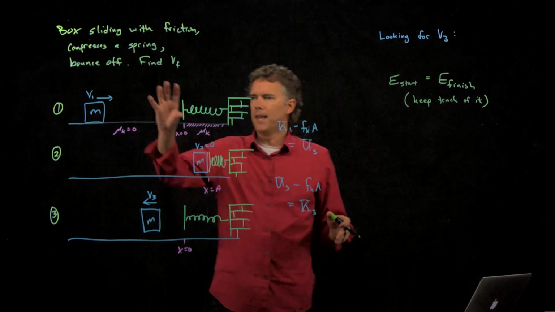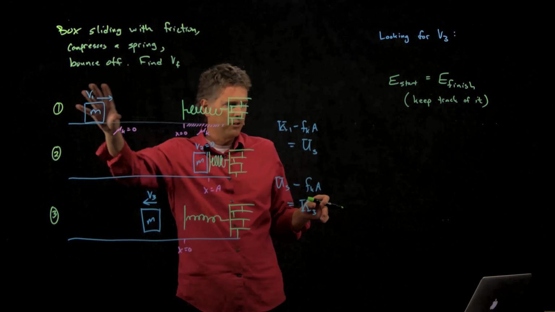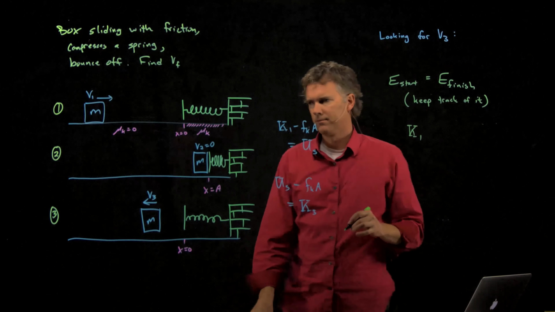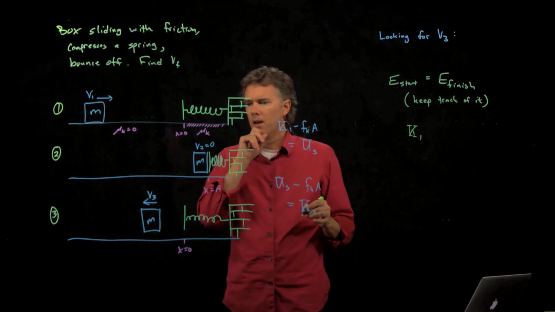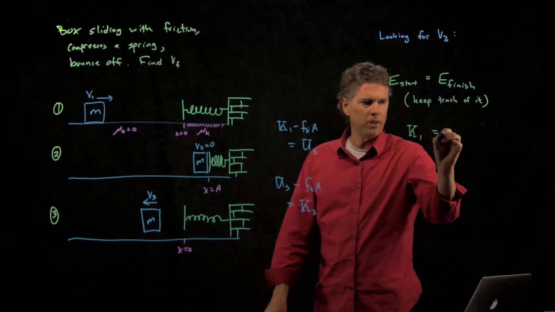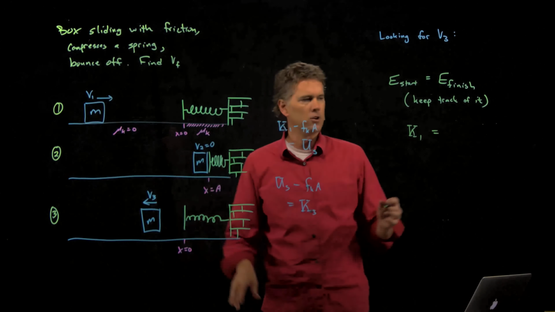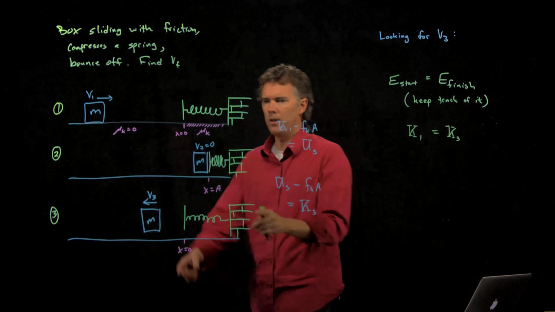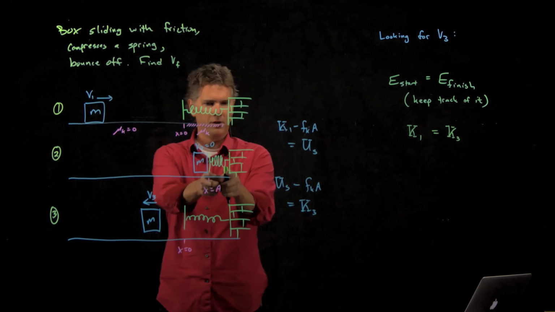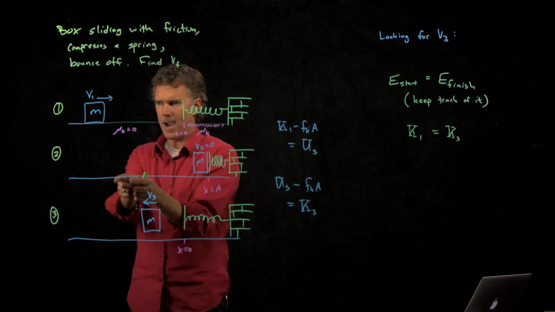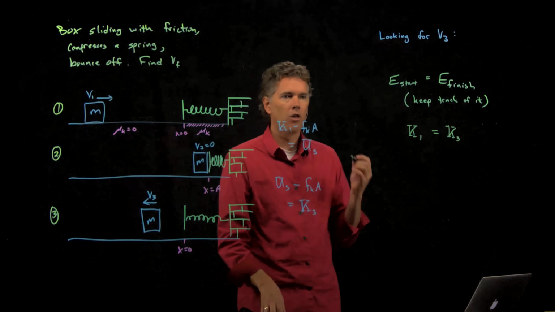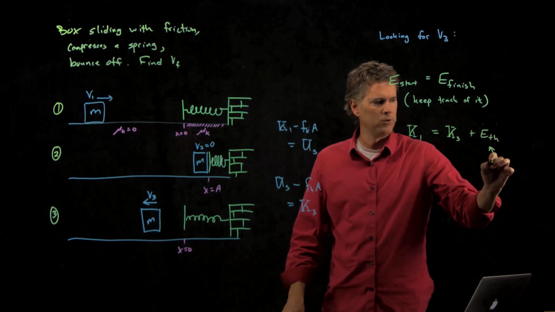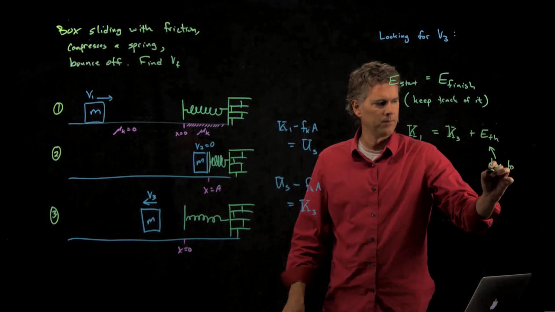And so let's look at the energy that we start with. The energy that we start with is all kinetic energy. It is kinetic energy 1. And now the energy that I finish with is going to be kinetic energy 3, but we know that we slid across a frictional surface on the way in and on the way out, and so that is going to be thermal energy. And this is due to the frictional work.